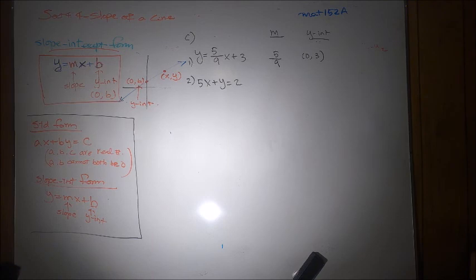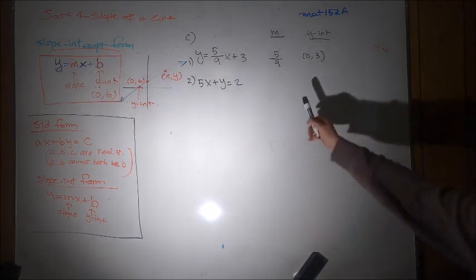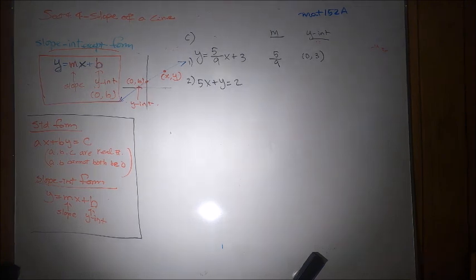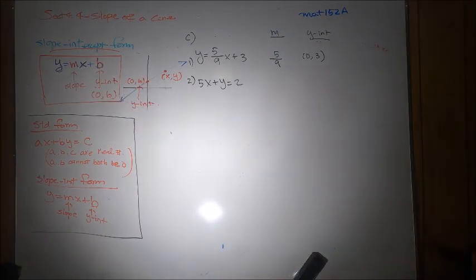It's not slope-intercept form, so you cannot tell the slope and y-intercept. So what do you need to do? You will change the standard form to the slope-intercept form. And the slope-intercept form is saying what? Get y by itself.